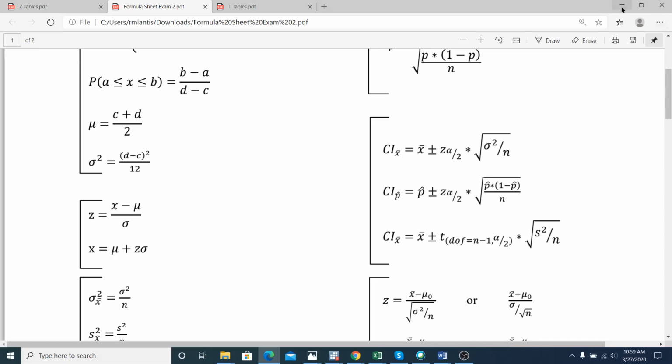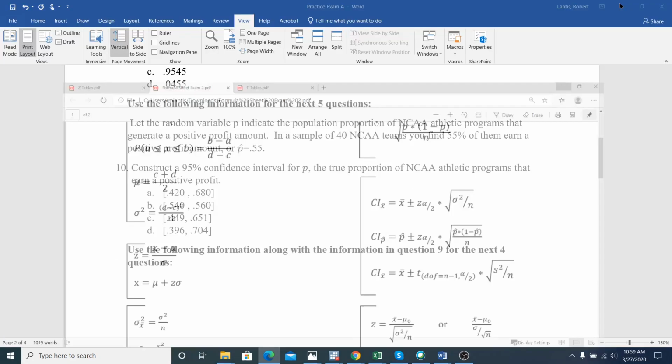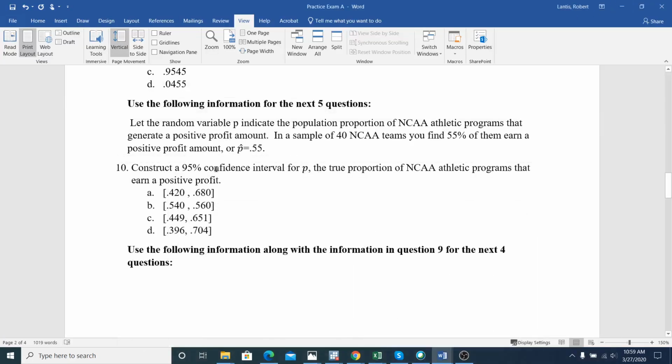You have to find the z-score that gives you alpha over 2 on either side of the confidence interval. So what would my alpha be? For the 95% confidence interval, alpha is the area outside the interval, in decimal form. So 5% is outside, in decimal form that's 0.05. That's the easiest way to remember. So alpha is 0.05.